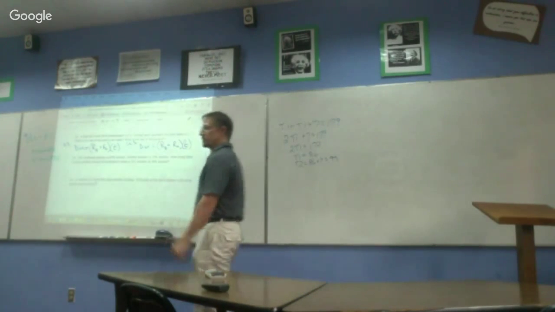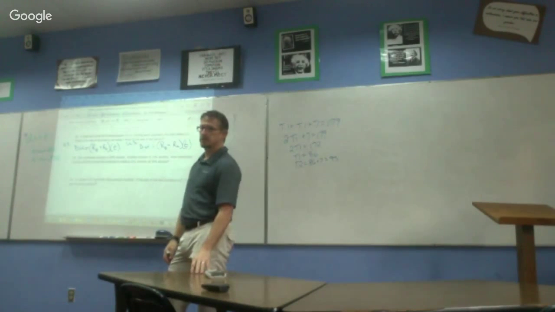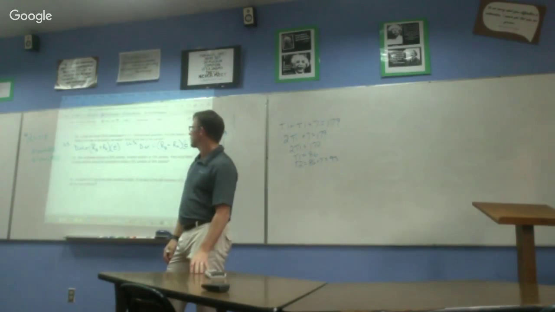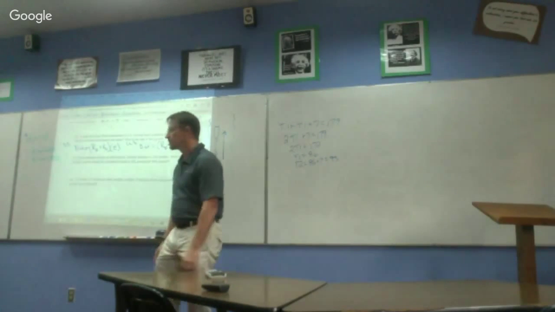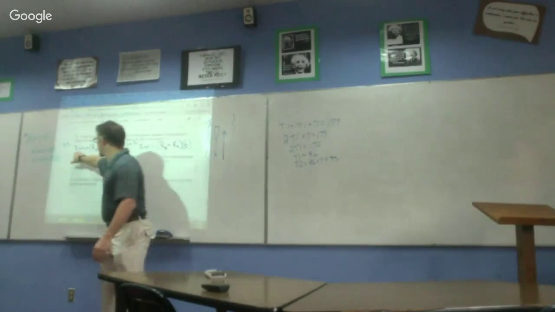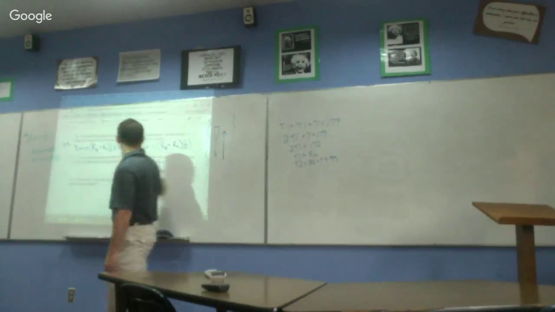Well, what do you know about these two distances? They're the same. So does it matter how far it is? You know the distance as well, 36. Does it matter what the distance is? No, so what can I do with this and this?